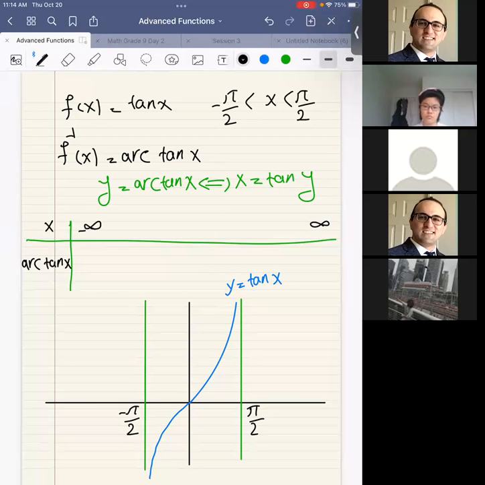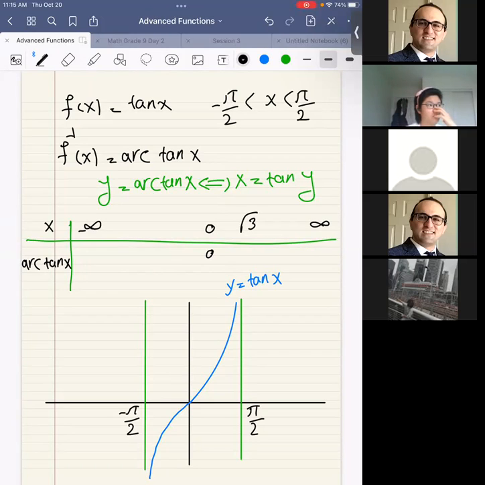Okay, but let us look at some sample values. What is the arctan of 0? Find an angle whose tangent is 0. 0. How about arctan of √3?